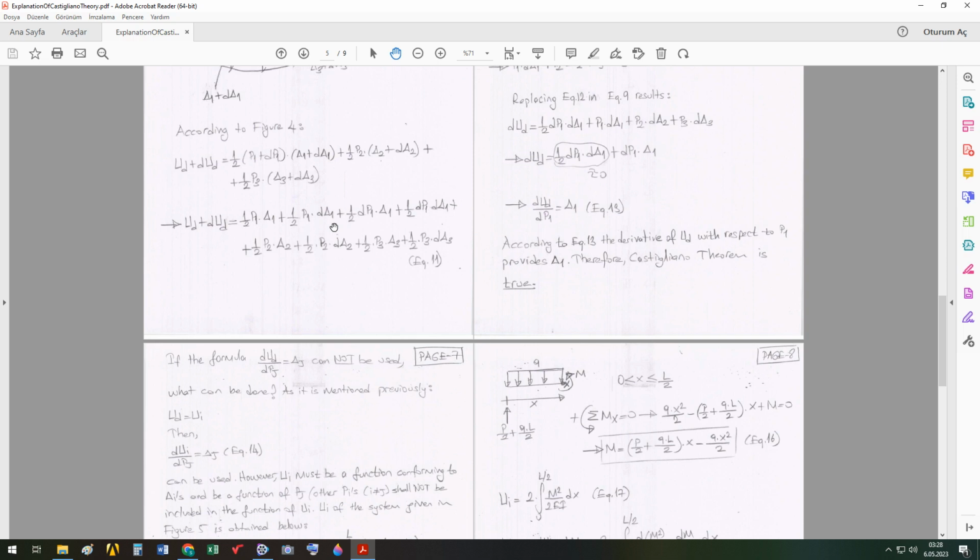That's why they are not independent. You would have to obtain their functions in terms of external loads, and this is impossible.